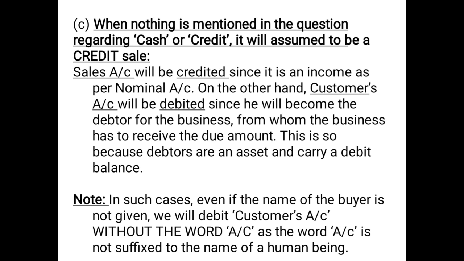Note, in such cases, even if the name of the buyer is not given, we will debit customer's account without the word account, as the word account is not suffixed to the name of a human being. Everything is same, just like we discussed in case B. But the only thing you need to remember, this is the point which will be followed when the question is silent regarding whether the cash sale has been made or credit sale has been made.